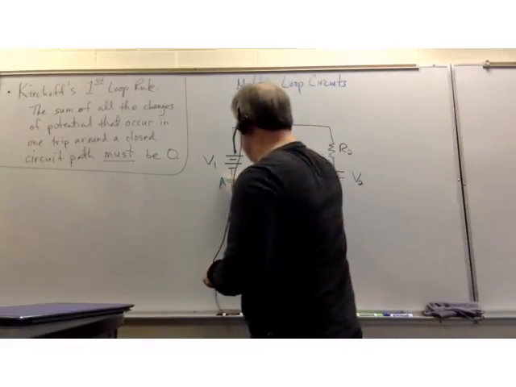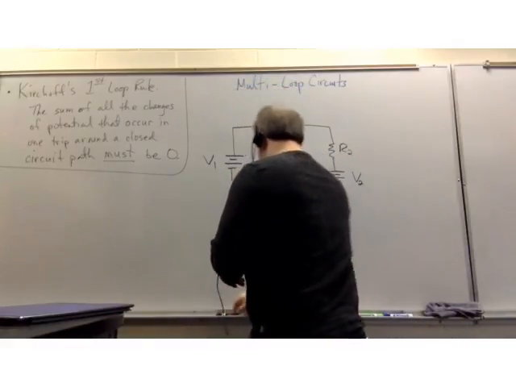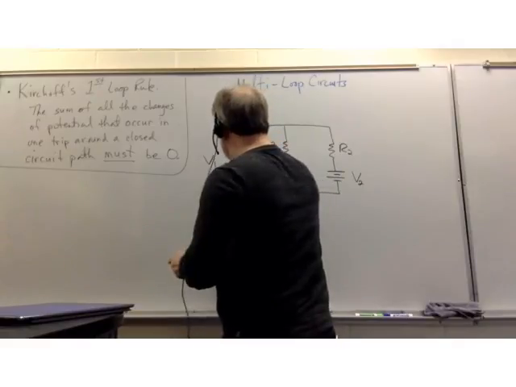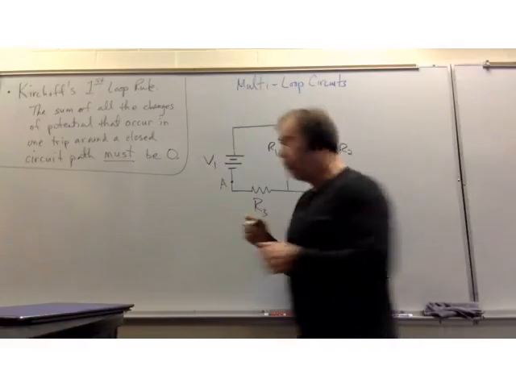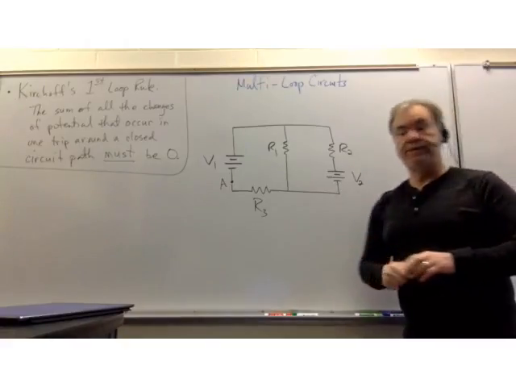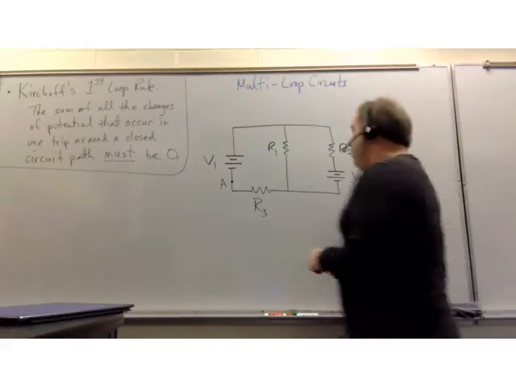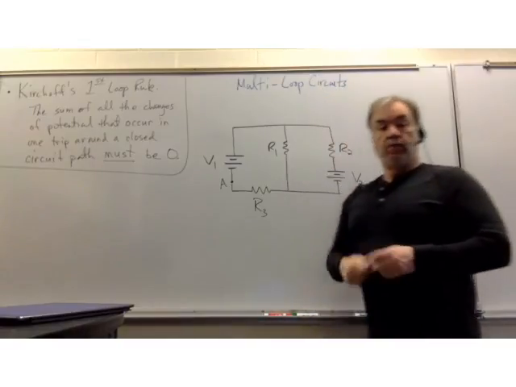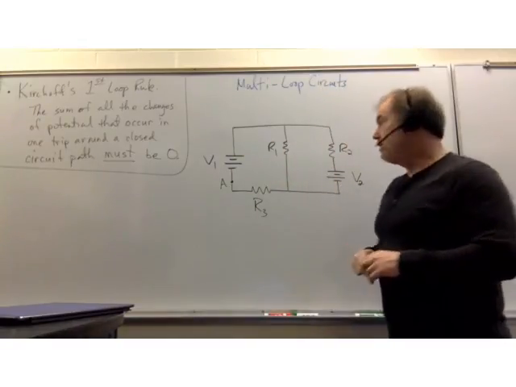Okay, I'm going to change my color coding here for reasons. There's nothing significant about that point A other than it's my reference point. That way I'll know when I've returned back to my starting point. Okay, and arbitrarily, I guess this time I will traverse the circuit clockwise.